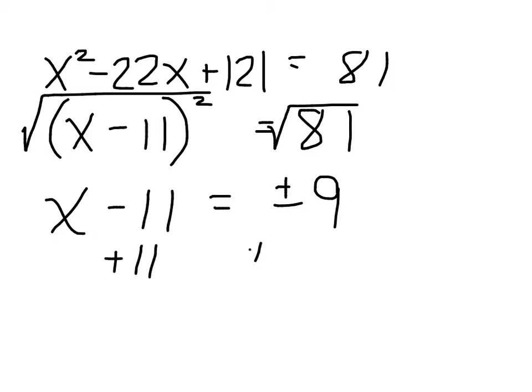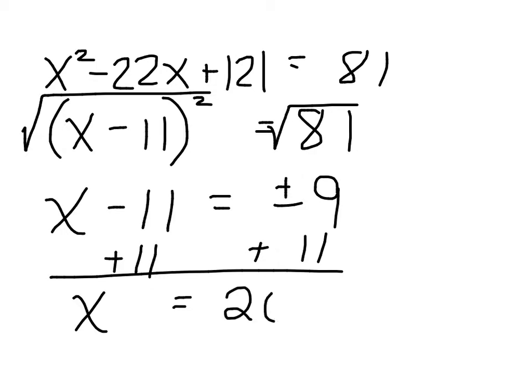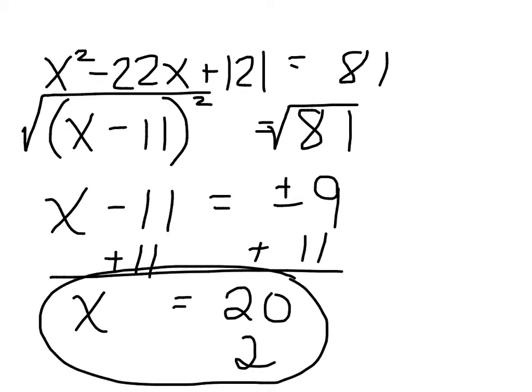Add 11. Now again, because it came out as no square root left over, I take it as two different things. What's 9 plus 11? 20. Then what's negative 9 plus 11? 2. So my answers are x equals 20 and x equals 2.